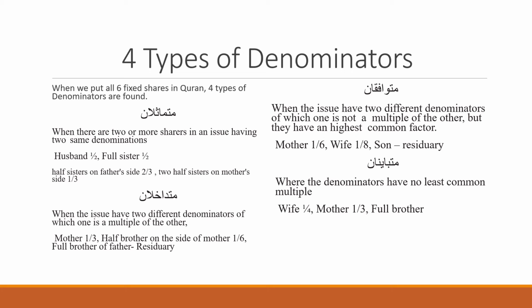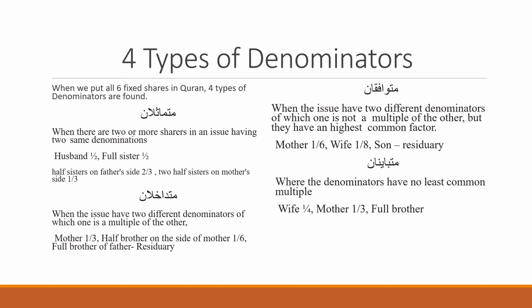That is 1 by 3 of the remaining. The denominator is the same as in the sulus, so we know there are 7 types of fixed shares.